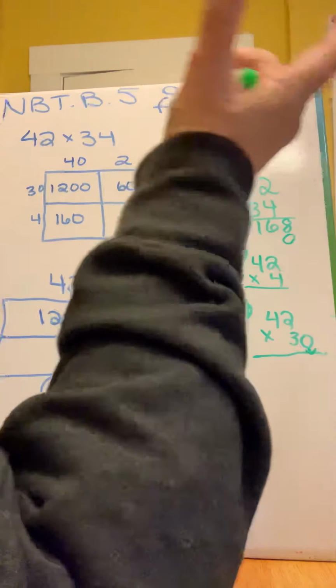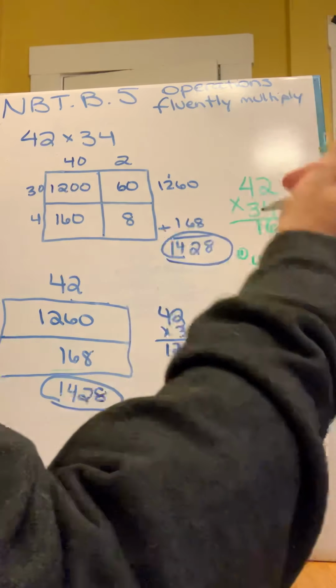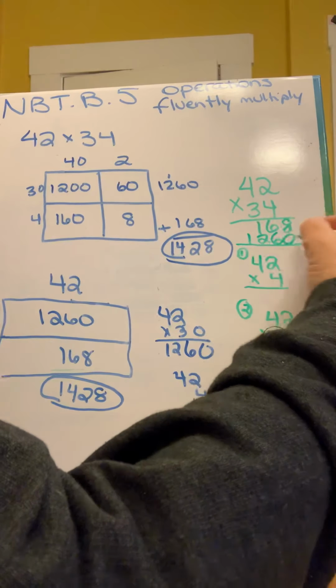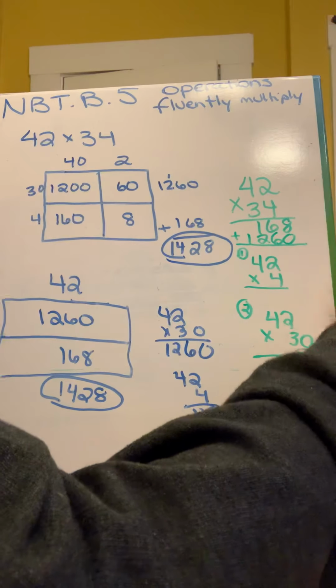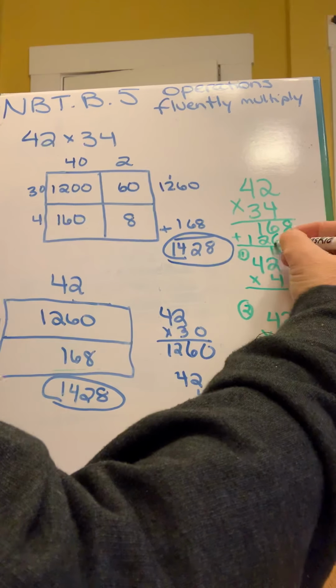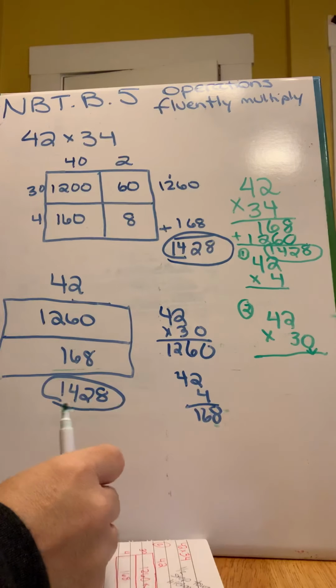Even though we know it's technically a 30, we're going to multiply it by 3. 3 times 2, 6. 3 times 4, 12. And now we can add those together. 1,428. Same thing we got with everything else.